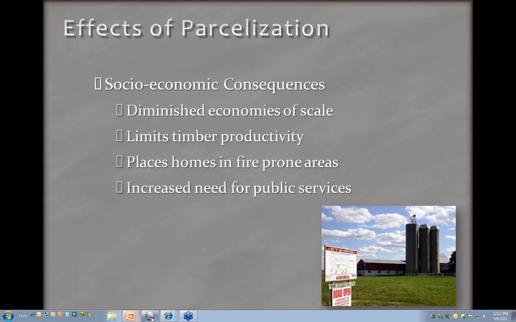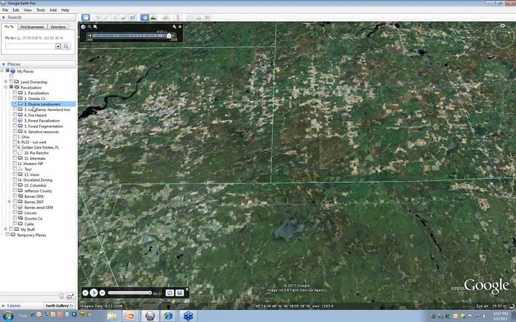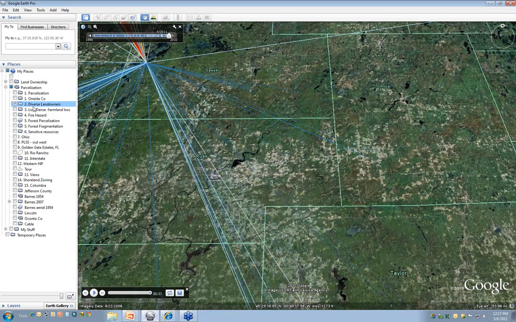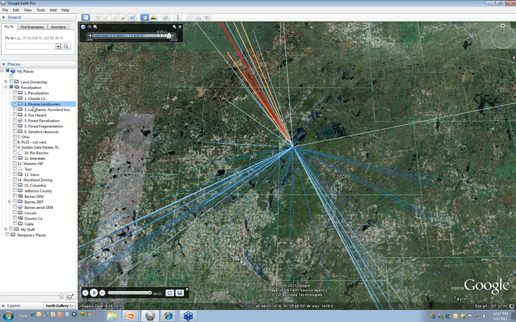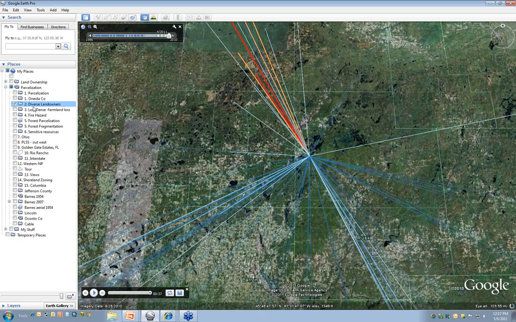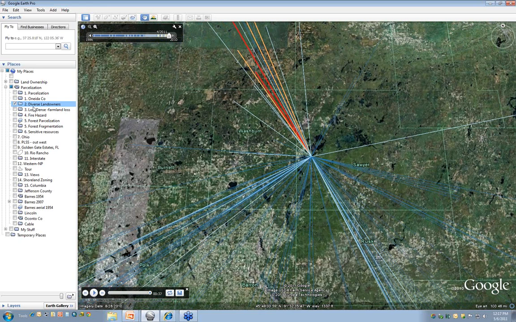And with that, I want to show another Google Earth view here, of what I mean by diverse landowners. What I had done with this is I took some parcels from northern Wisconsin, which is seeing a lot of amenity-led parcelization and development, and it's experiencing a lot of landowners from out of the region.